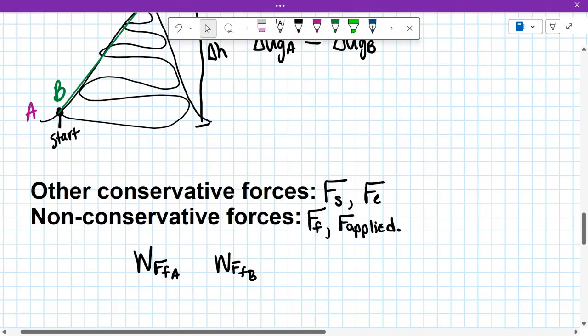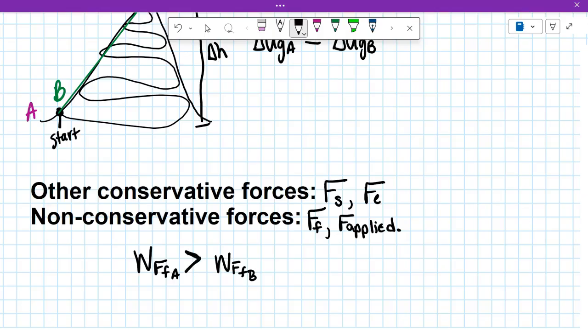And because friction is not conservative, the d in that equation really means distance instead of displacement like it does for conservative forces. So for day A, the work done by friction is going to be much larger. That's why for A, I might feel a little bit more tired or worn out.